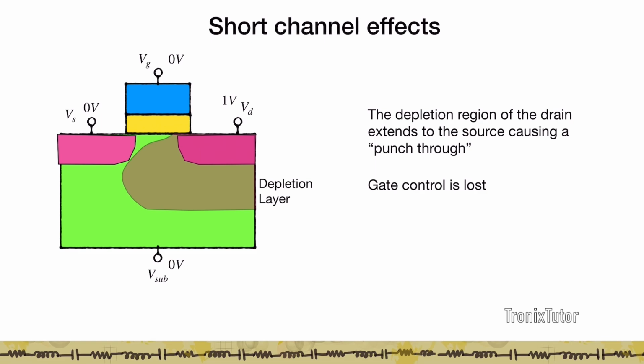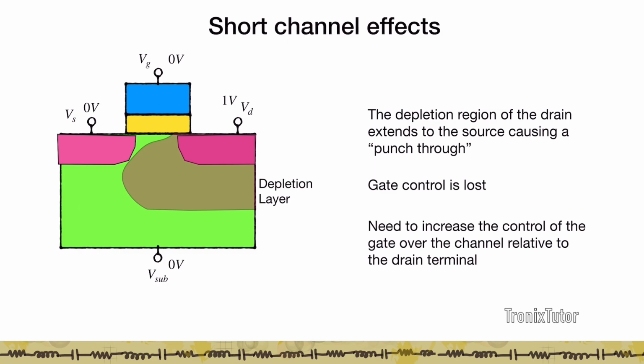Remember, in this case the current does not flow through the channel because the gate is switched off, but there is still a current flowing from the drain to the source because electrons can move through this high field region. So essentially we say we have lost gate control, and this happened because you reduced gate length without changing the voltages.